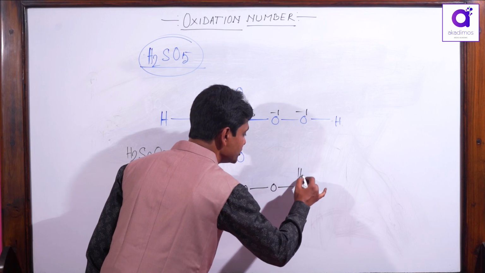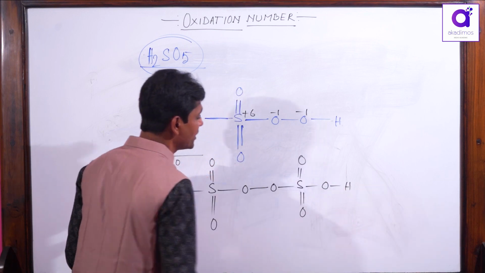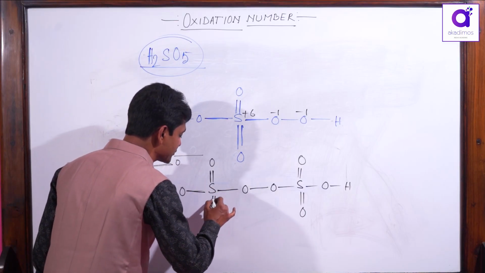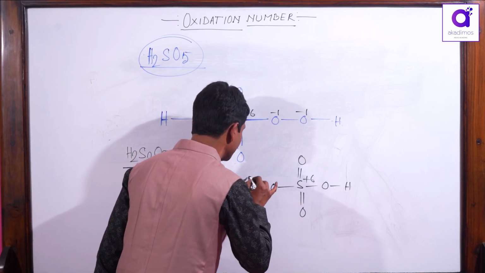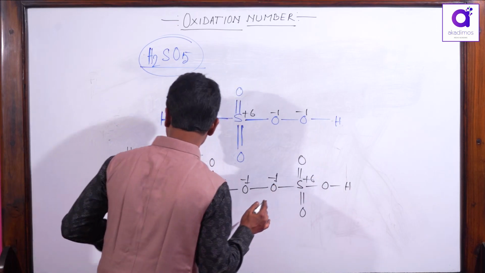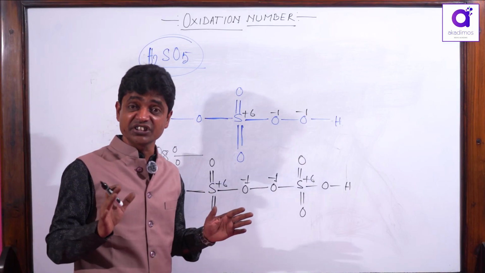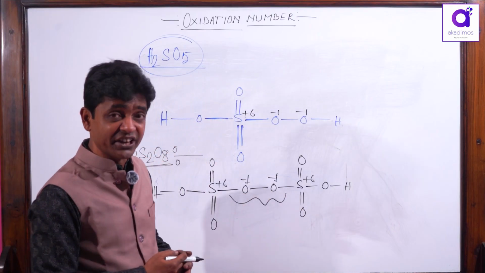There you will get a peroxy linkage. This is the structure of Marshall's acid or peroxydisulfuric acid. Here see, 6 bonds with more electronegative oxygen, plus 6. Here also plus 6, and the middle 2 oxygens are minus 1. Remember, its salt is K2S2O8, an abnormally powerful oxidizing agent, due to these 2 peroxy oxygens.